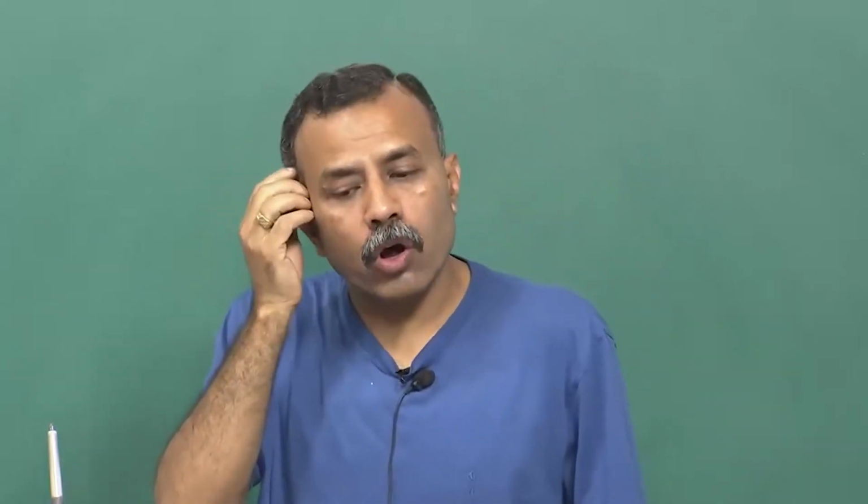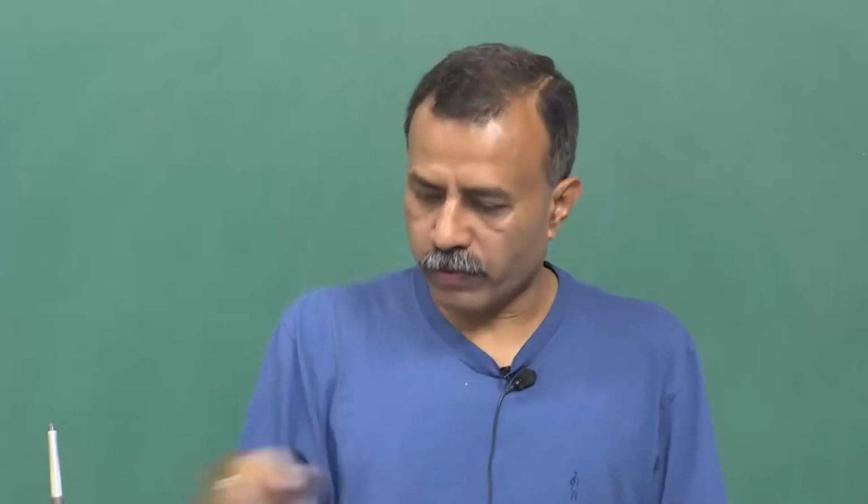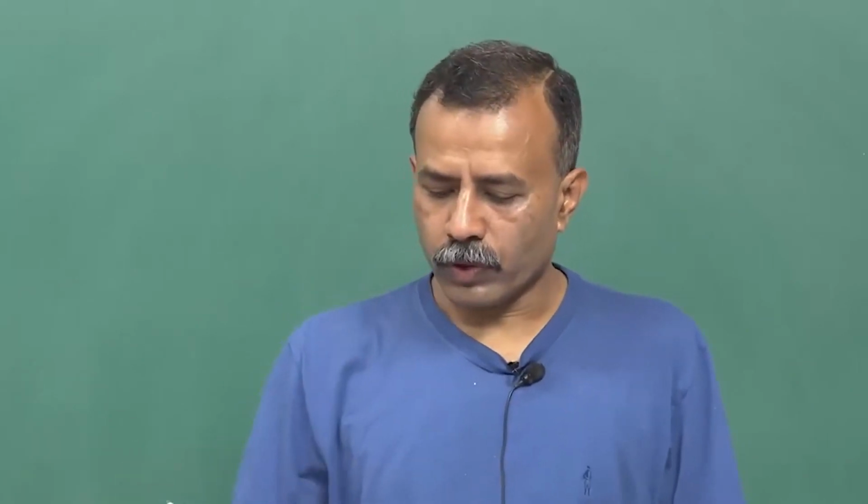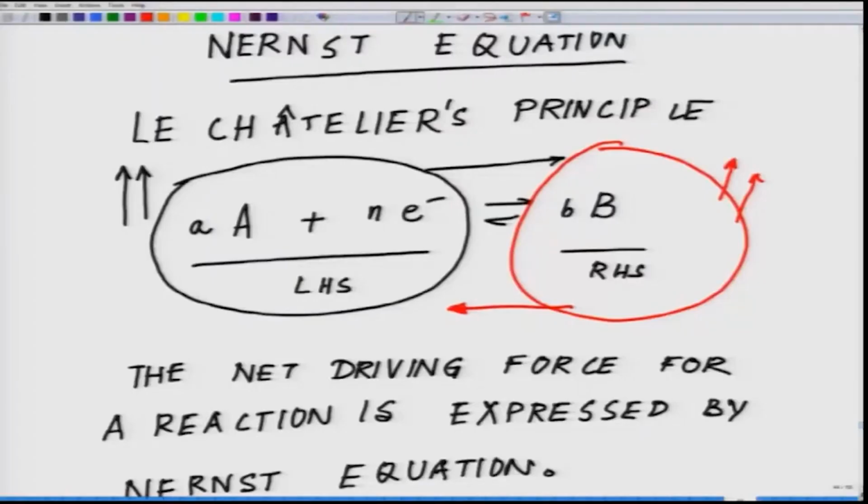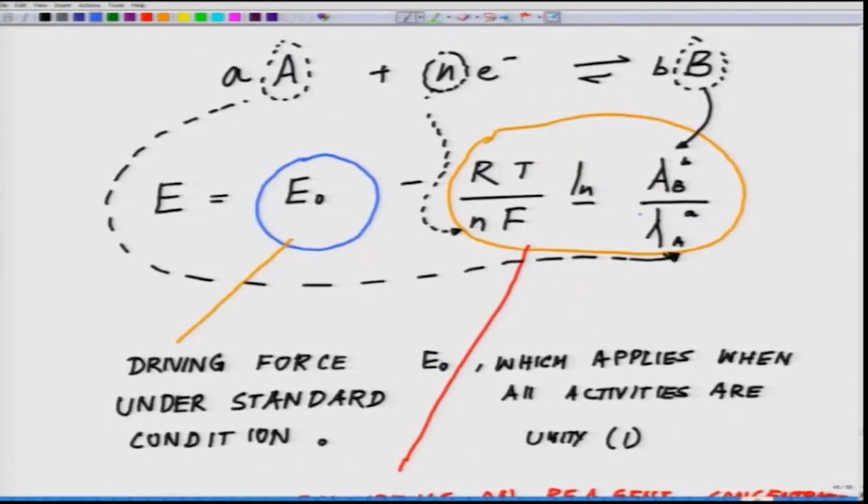So, if these values are not unity, if this is not unity, or if this is not unity, then the second term that you see, which is coming here, will come into play.